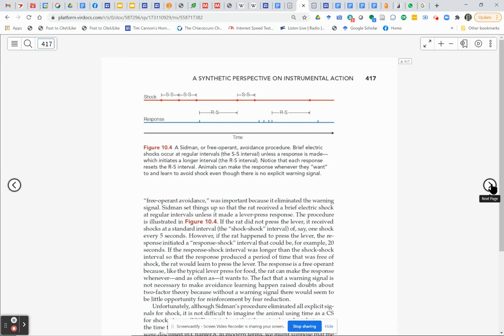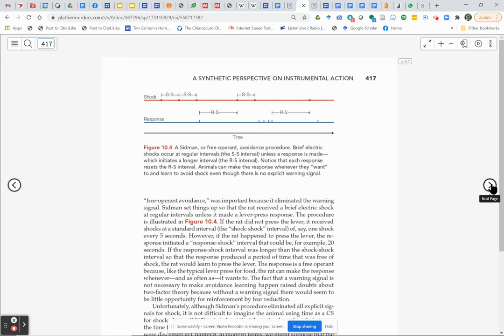On the top you have when the shock is delivered, and there's the shock interval, which is typically fixed, not in the sense of a fixed interval partial reinforcement schedule. It's just fixed. So there's shock, shock, shock, shock, and then there's a big interval without shock, but it's not labeled, because that's labeled down in the response line.